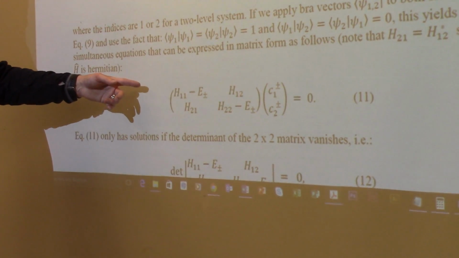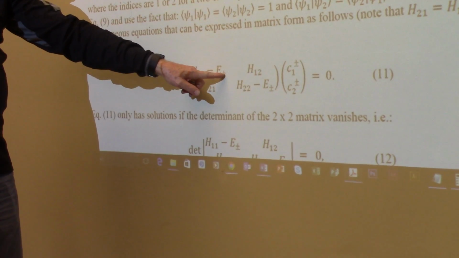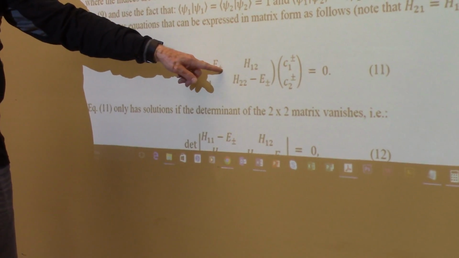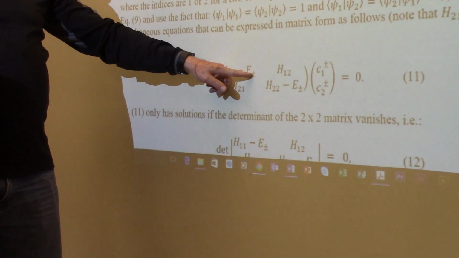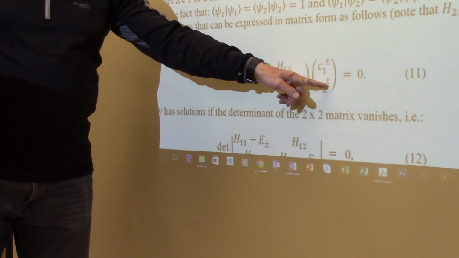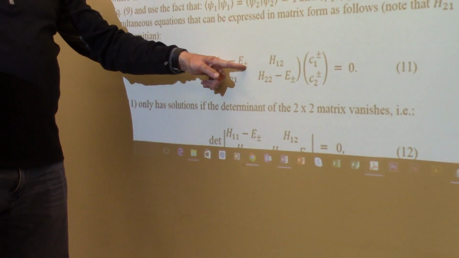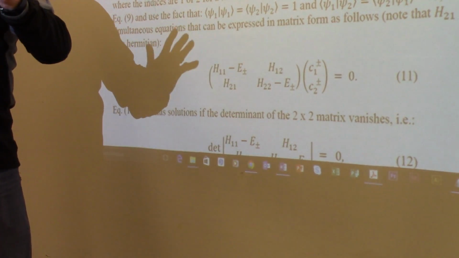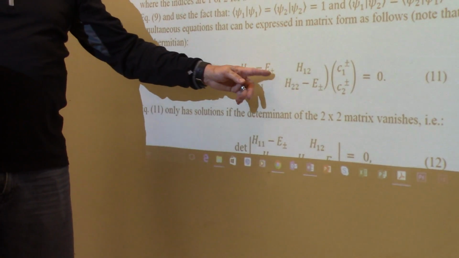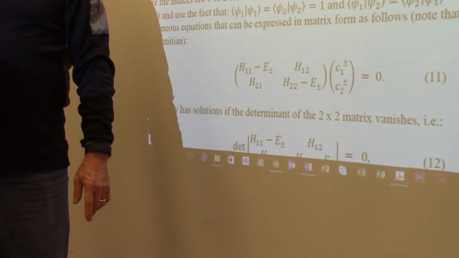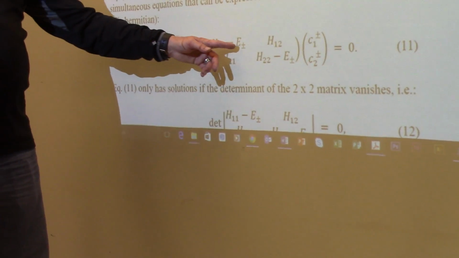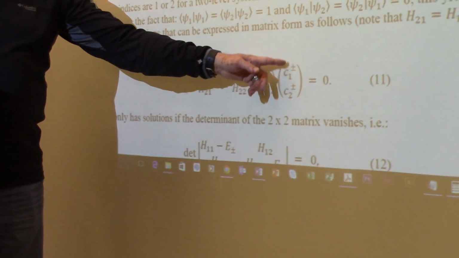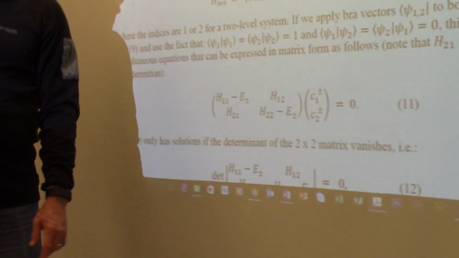In matrix form, it's really two separate matrix equations. Think of it separately for the E plus and the pluses here, and then another separate equation for the minus. So it's really two sets of matrix equations compressed into one. You have two eigenvalues for the E's, and then two sets of coefficients also here.